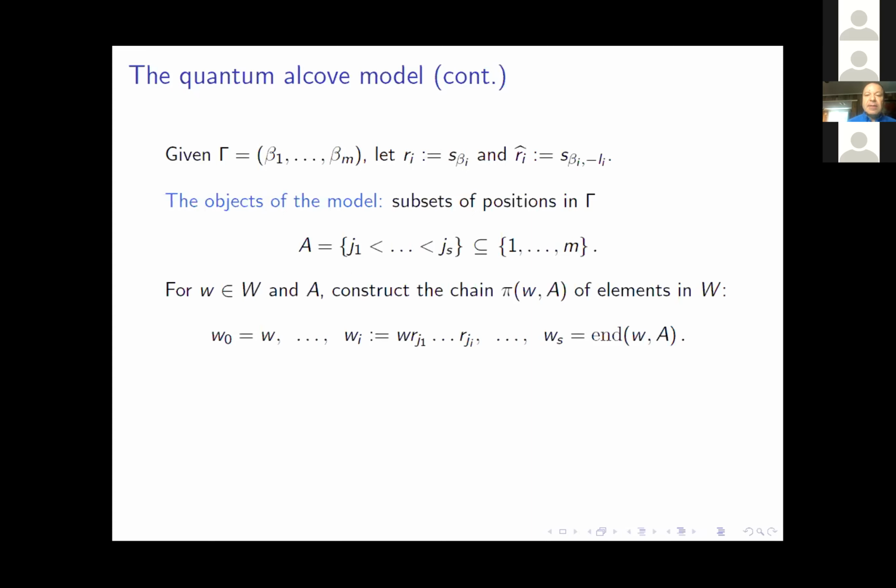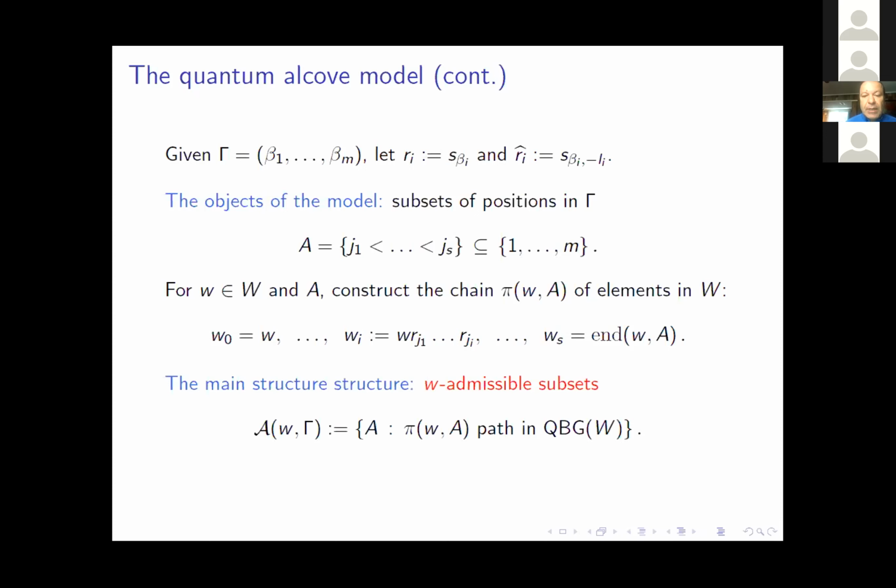Given such a subset of positions, and also a Weyl group element w, you can construct a sequence of Weyl group elements starting from the given w and multiplying on the right by the reflections corresponding to the roots in positions j_1, ..., j_s, one by one. You end with some Weyl group element, which we called end of (w, A). A is the sequence of positions and w is the starting element.